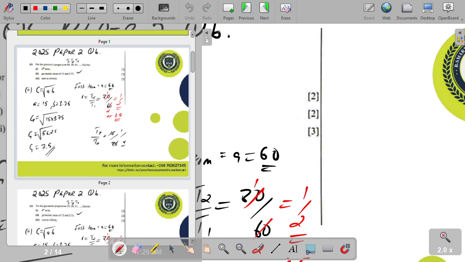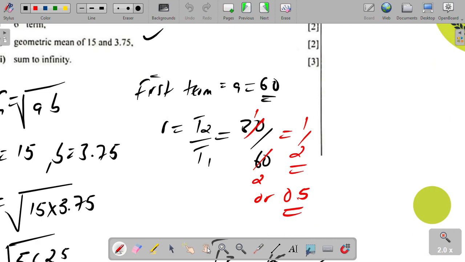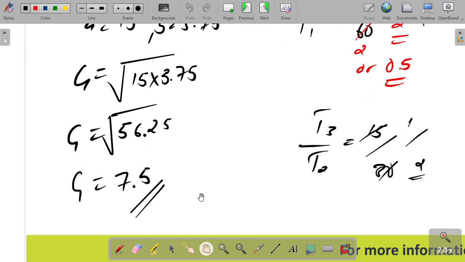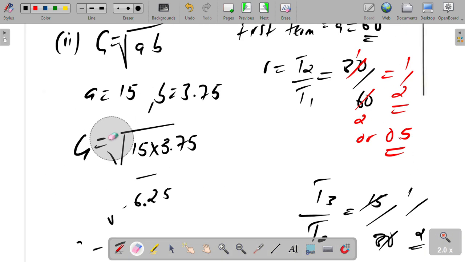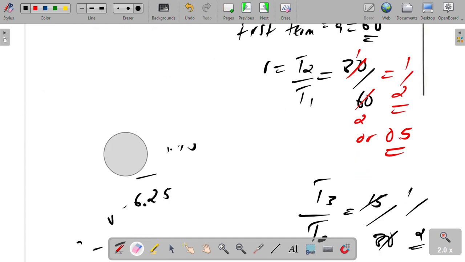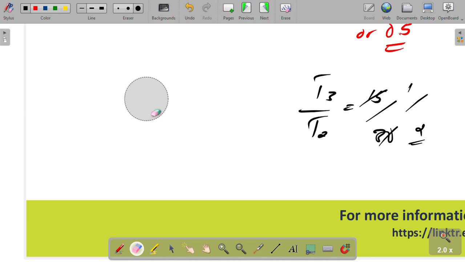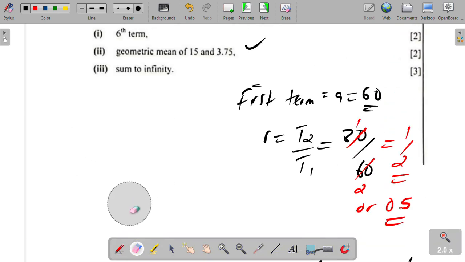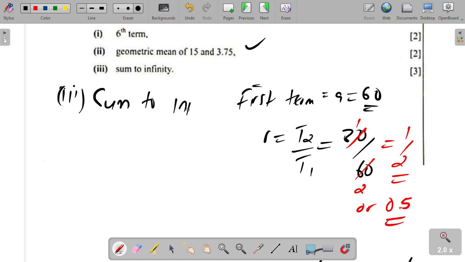The sum to infinity. Let me quickly rub this. So you're given the formula in paper 2 for the sum to infinity. So to find the sum to infinity, we use this formula.